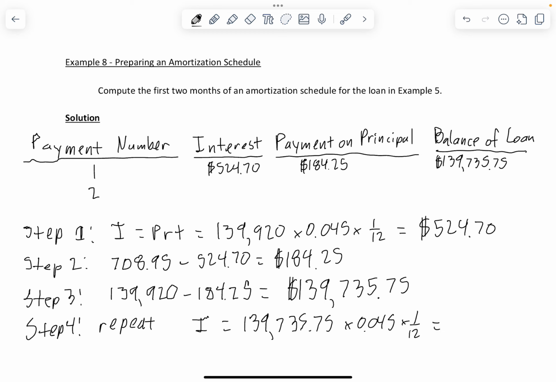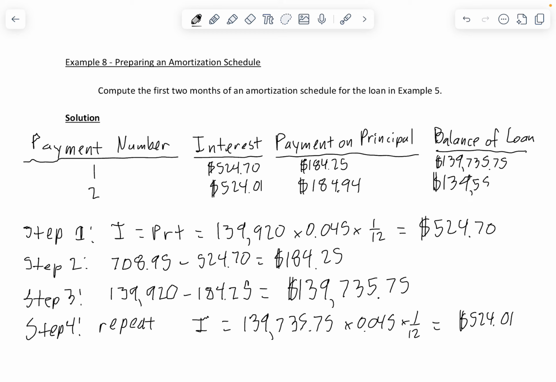So that ends up being $524.01. So that goes right here, $524.01. And you'll find that the payment on principal ends up being $184.94. And the loan balance ends up being $139,550.81. So that's how these rows are filled out.